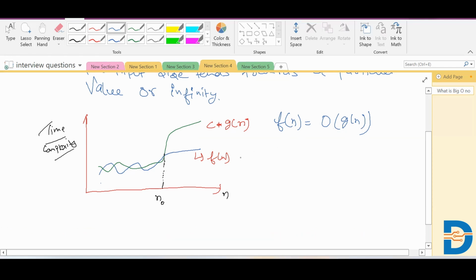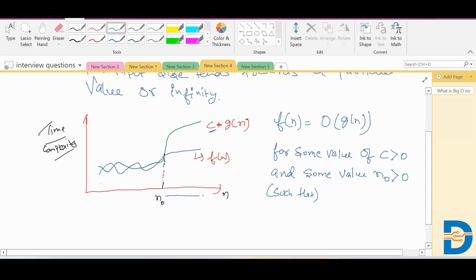It simply means that for some value of c, which is greater than 0, and some value n naught, which is also greater than 0, such that any n value greater than n naught, like any n in this region, your function f of n is always going to be less than or equal to c times g of n.